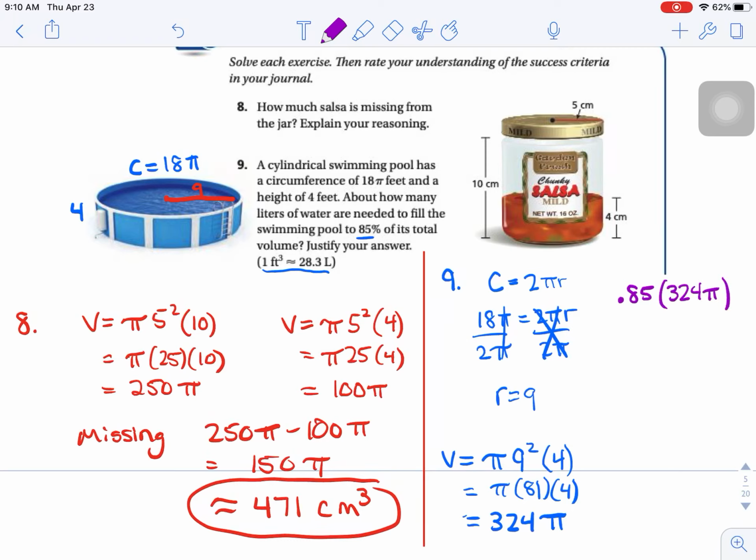So if I calculate that, we end up getting that total is about 275.4 pi. And then my last step is using that piece of information here that they gave me.